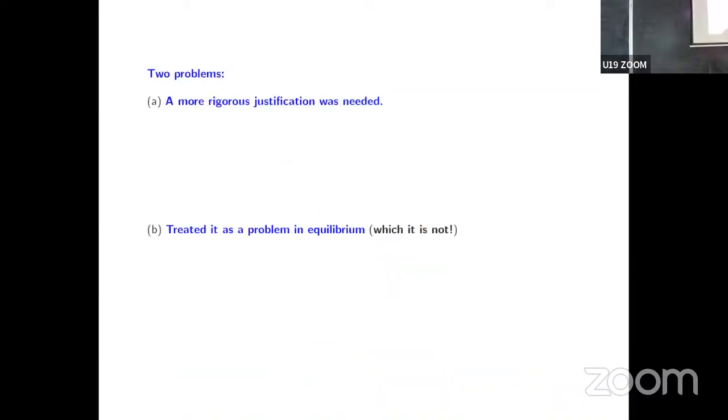So there are these two problems which emerge out of this example. First, a more rigorous justification for this Maxwell rule. And there is another problem connected to this: that this was treated as if it were a situation of equilibrium, but it's not.